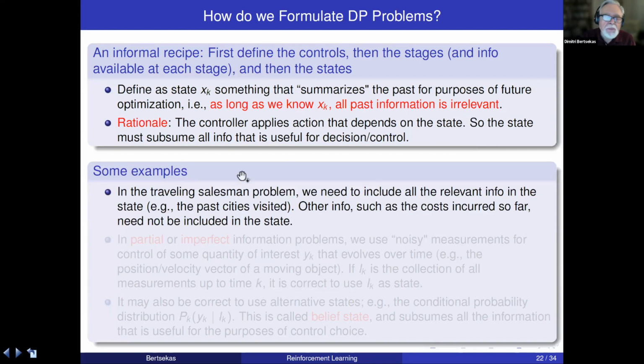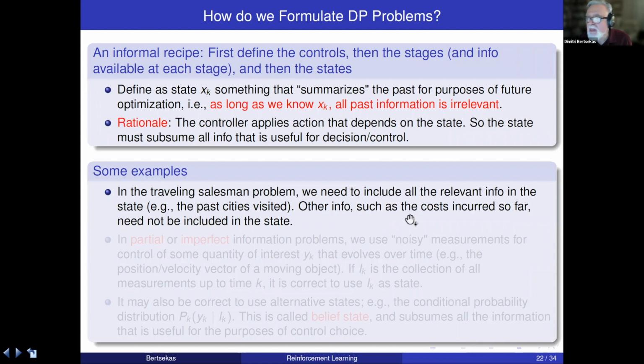For example, in the traveling salesman problem that we formulated as a dynamic programming problem, the state that we took was the collection of the cities that we have visited so far, the partial tour that we're in. Now, there may be additional information, for example, the cost incurred so far, but that's not relevant, and we need not include it in the state. This is only what's relevant.